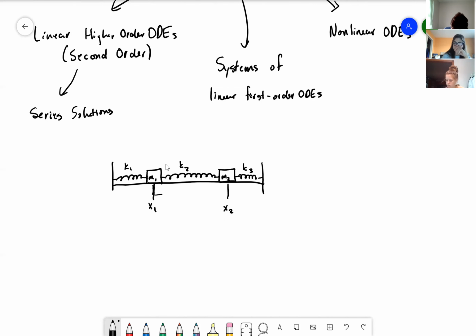And movement in this direction to the right we'll consider positive. So that's the positive direction. And we'll also have applied to these some force that varies with time. Maybe not. We could have a force, or we could not have a force.